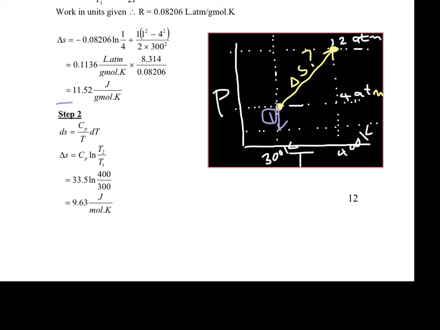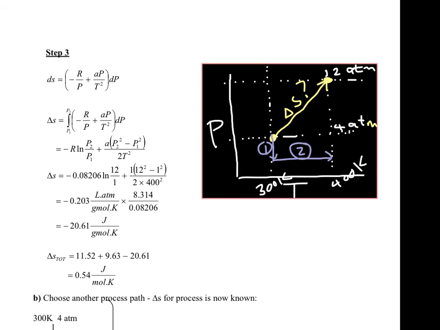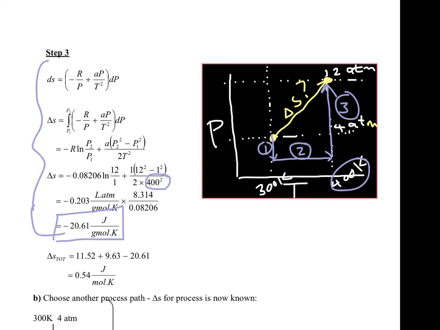Now that we know the value for the change in entropy for step 1, evaluated at 300 Kelvin, we can calculate the change in entropy at 1 atmosphere due to that change in temperature from 300 to 400 Kelvin. So for the last step, step 3, we can apply exactly the same equations that we derived for step 1, except that now the slope needs to be considered at 400 Kelvin, and we can get the answer for that final step.